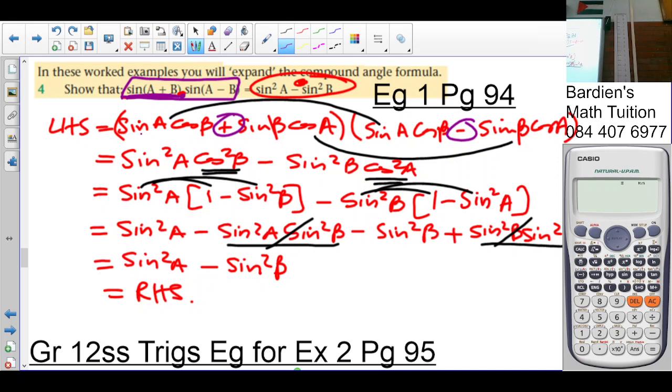So sine A cos B times sine A cos B gives sine squared A cos squared B, minus sine squared B cos squared A. And if we compare now to the right hand side, we notice there were no cosines. We replace cos squared B with 1 minus sine squared B, and cos squared A with 1 minus sine squared A. We get rid of the brackets, we add like terms, and lo and behold, it's equal to the right hand side. Okay.